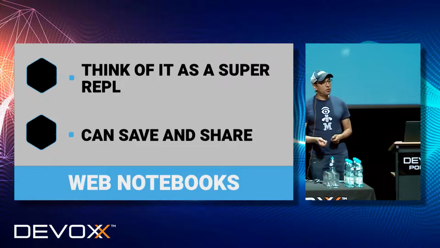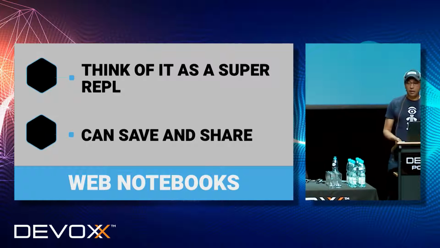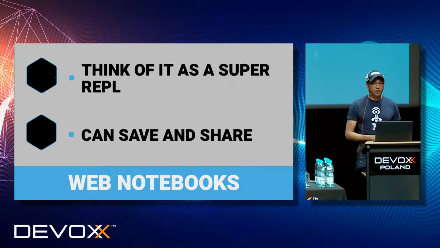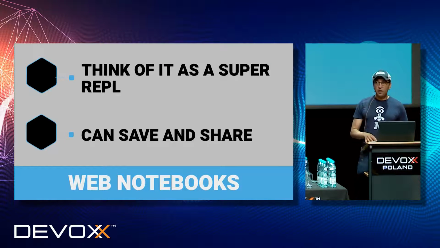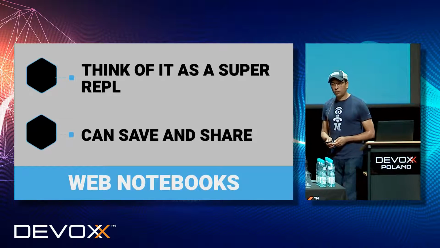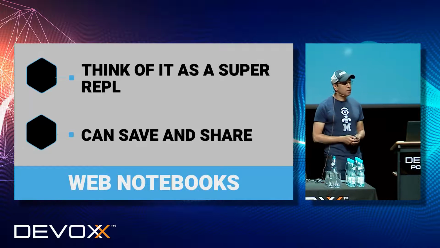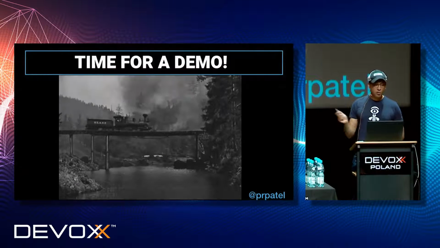Everyone has probably used a REPL where from the command line we can write some code and execute it in an interactive fashion. But unlike a standard REPL, we can save and share these notebooks with other folks. We can check them into a Git repository, and other people can work on them. We can work together as a team on these kinds of notebooks, which is really nice. So we've already done the demo.